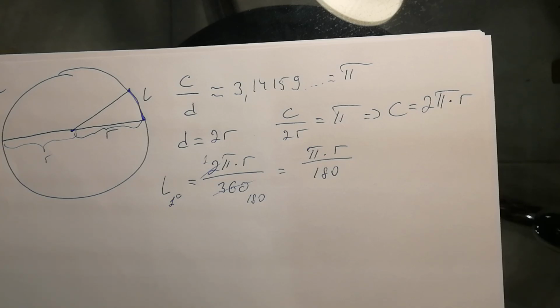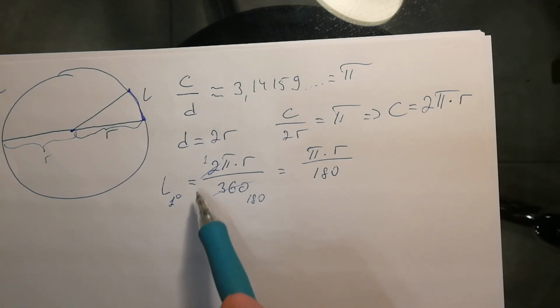From here it's easy to understand that in order to find the length of the arc for any angle alpha, it's enough to multiply this expression for 1 degree by the value of the angle alpha.